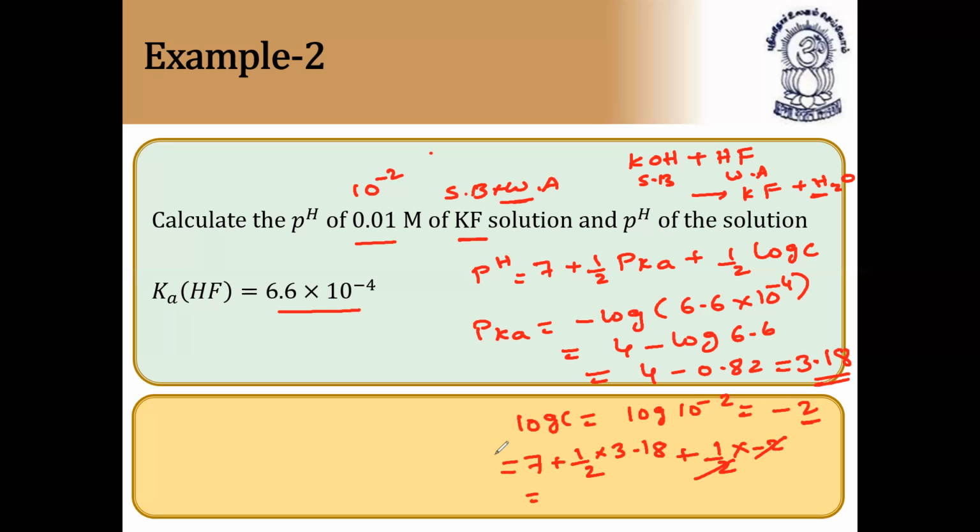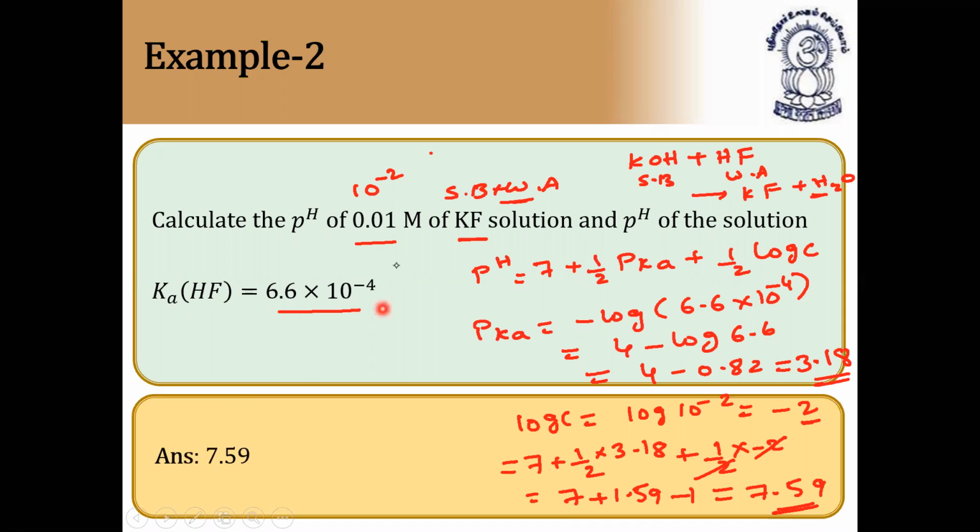So 3.18 divided by 2 is equal to 1.59. So 7 plus 1.59 minus 1: 7 plus 1.59 is 8.59, minus 1 becomes 7.59. So how much is it? 7.59 approximately. Let us check the answer. It is 7.59 exactly, we got it.